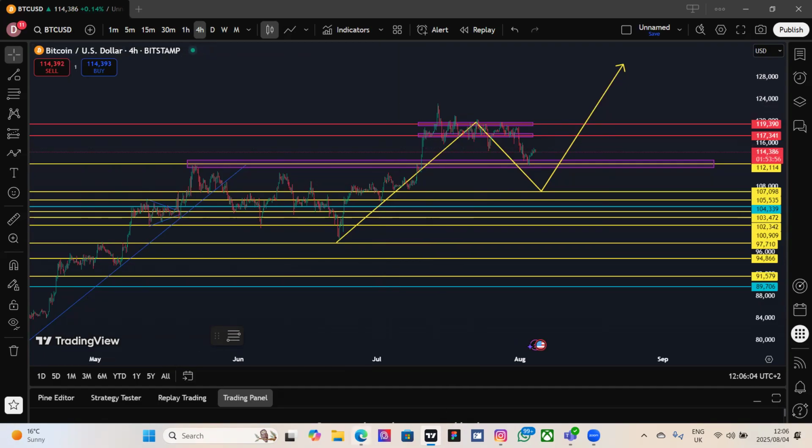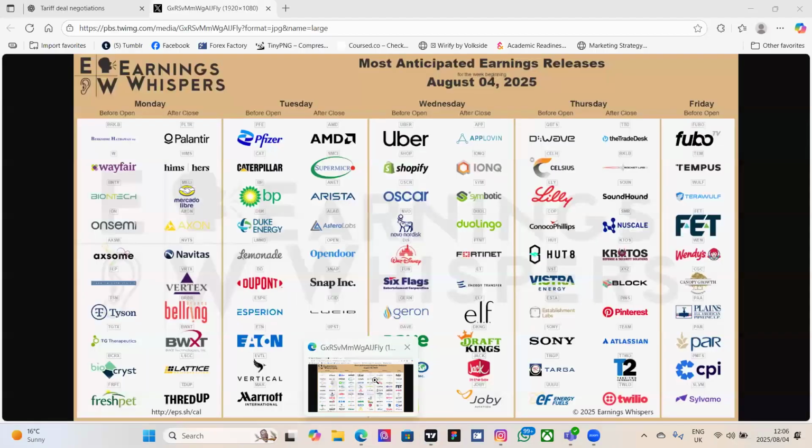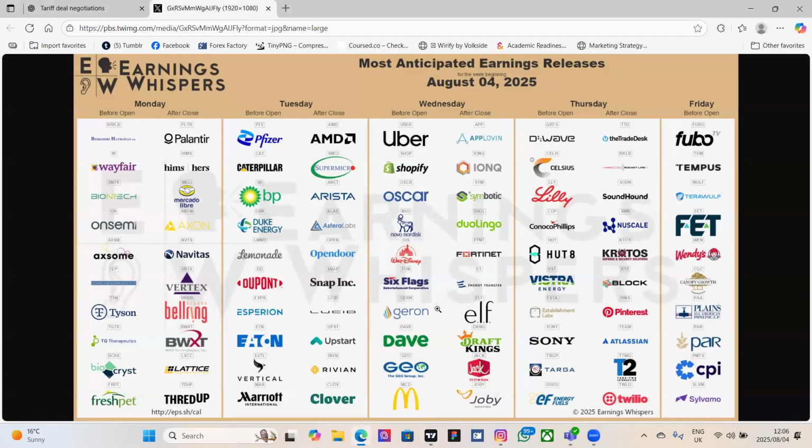To also give you an outlook on what I'm seeing for the week in terms of earnings: Pfizer's releasing their earnings, a very big company, so have a look out on that. Uber, Shopify, McDonald's as well, Sony, very big.